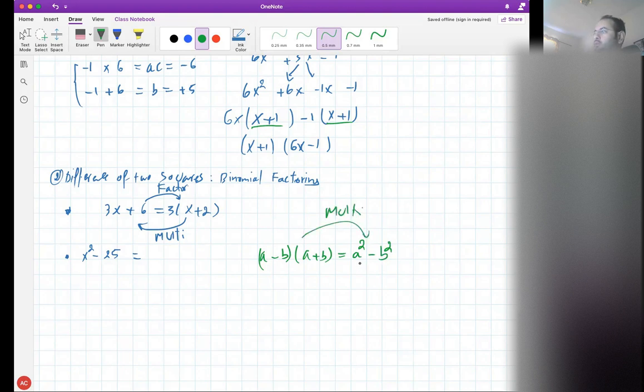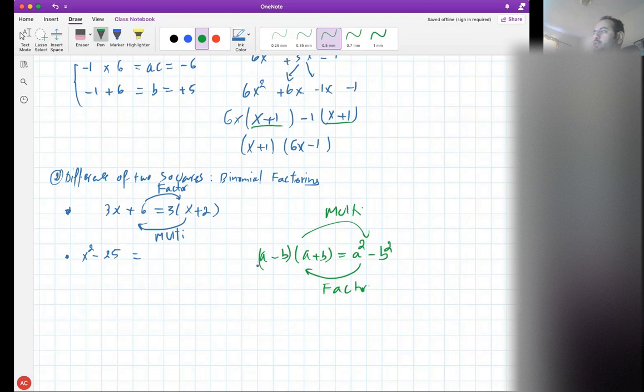You can also use it to factor. That means if you have something like this, you can turn it immediately into this. We want to make it back into this. So what would this be equal to?